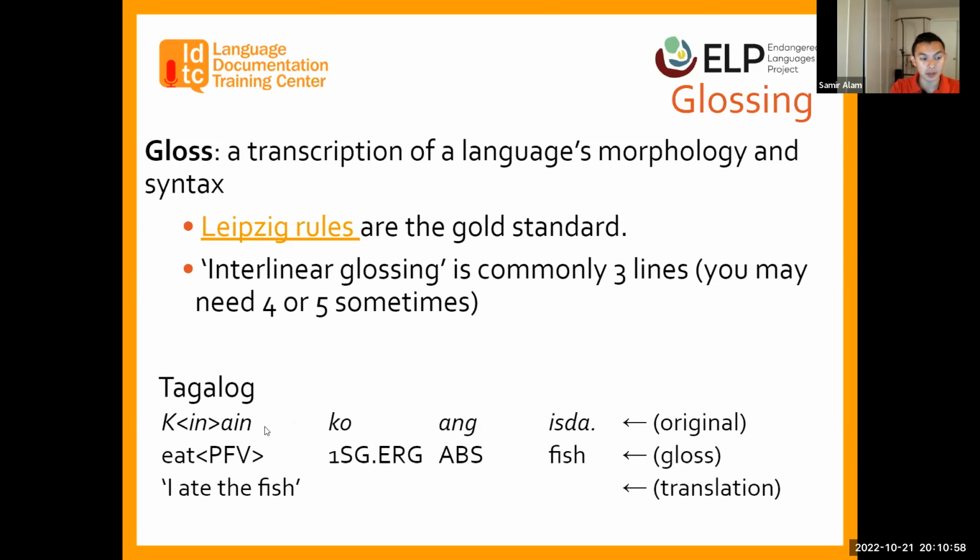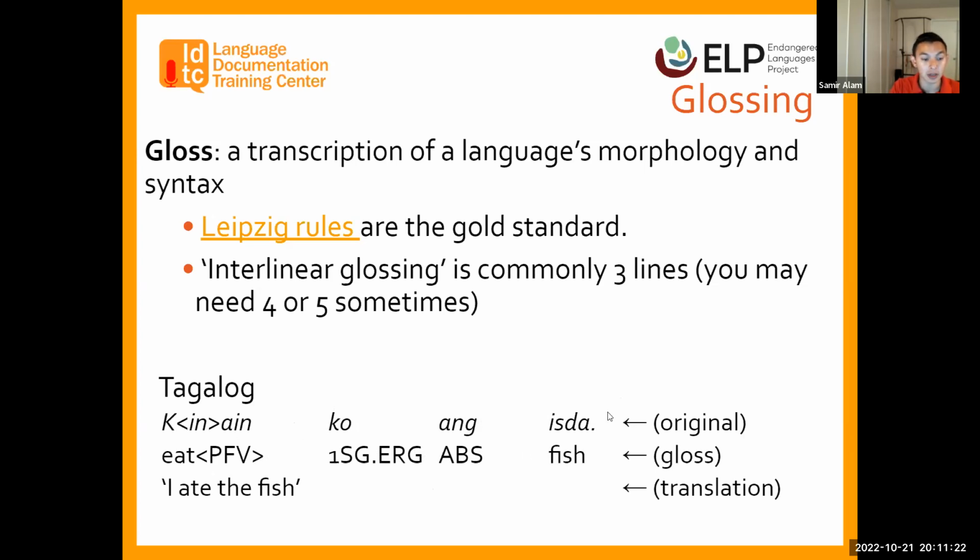So here, the first word means eat, the second word means ergative, the third word means absolutive, and the last word means fish. Again, we don't have to go into what each word means right now, but we can see that the meaning of each word is given directly below the word. So that's what makes it an interlinear gloss.